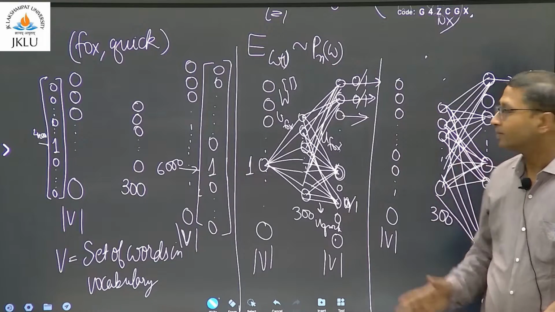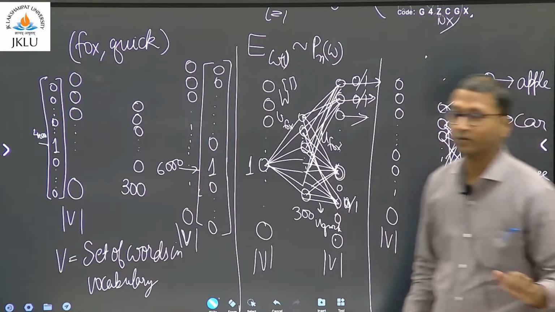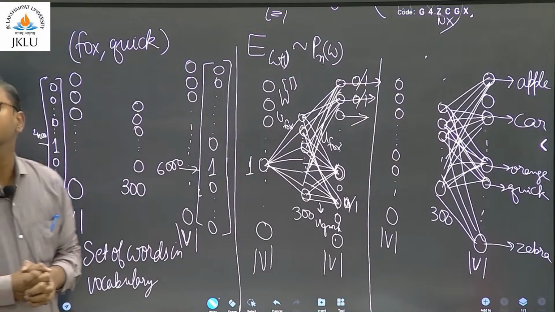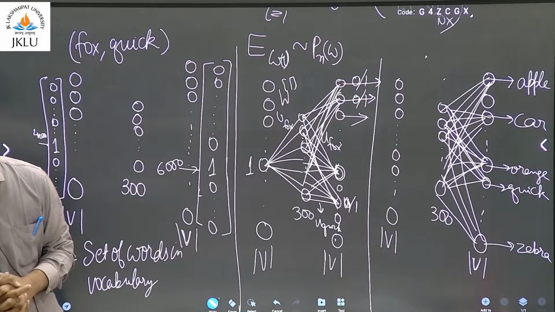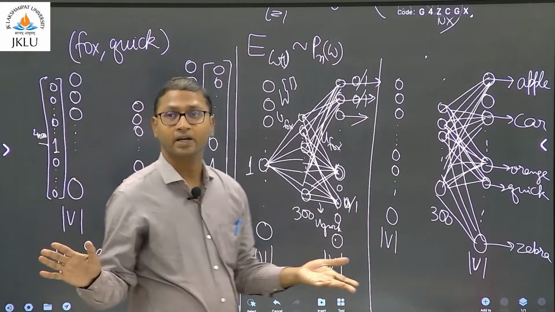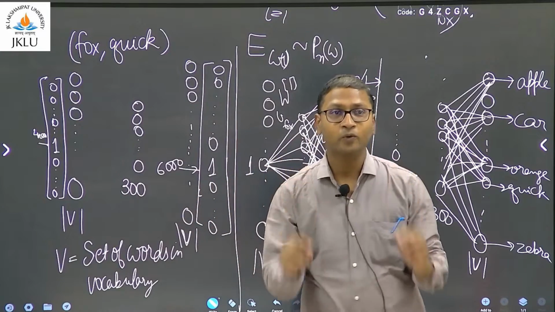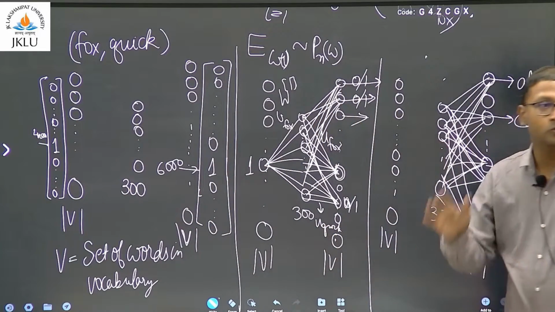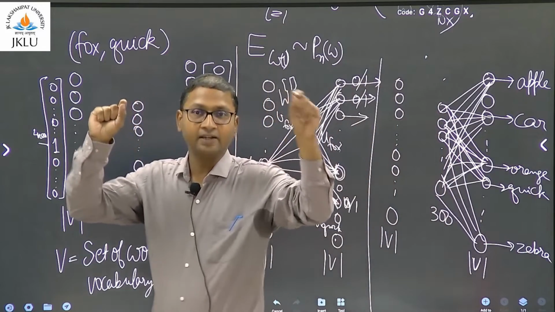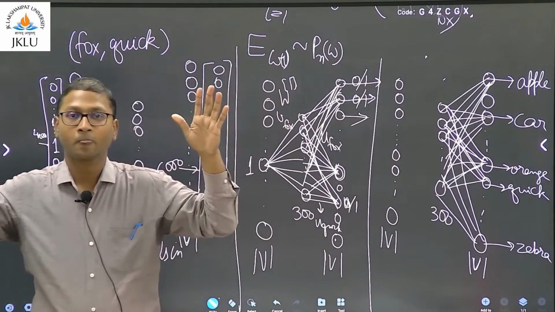When we say random words, what do you mean by random now? My question is, you are supposed to choose k negative samples and you are supposed to choose these k words randomly. What do you mean by random?